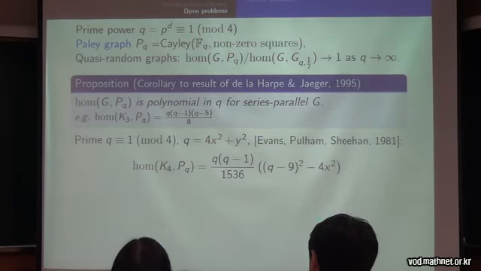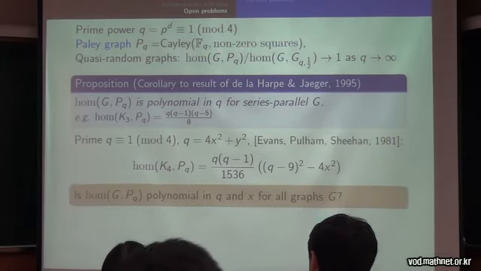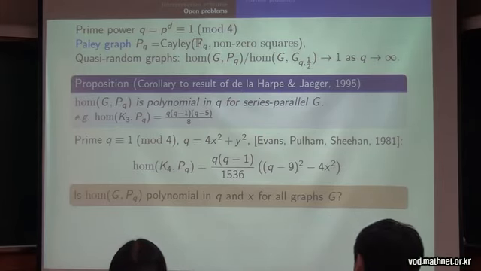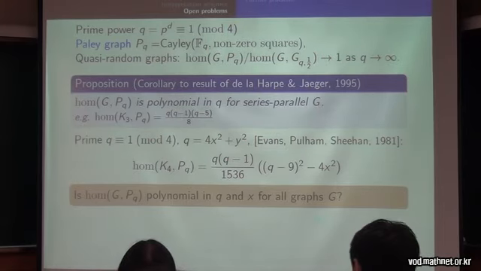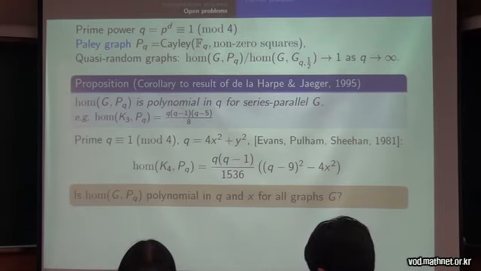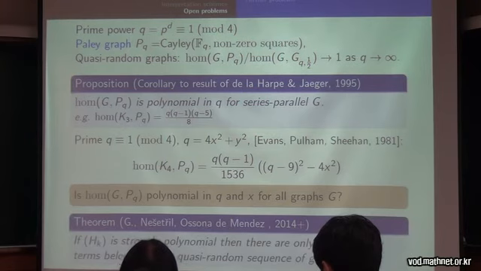So this is interesting, and a couple more examples lead me to hope that actually it's always polynomial in Q and X. But it's involved, I mean, you're working with Legendre symbols and things. If you're familiar with these, then you might be able to get a handle on that. But it'd be nice if that was true.